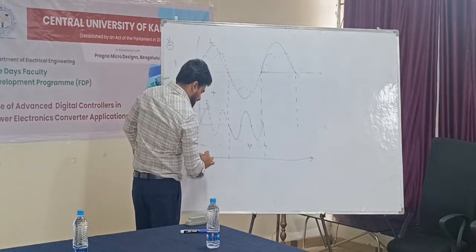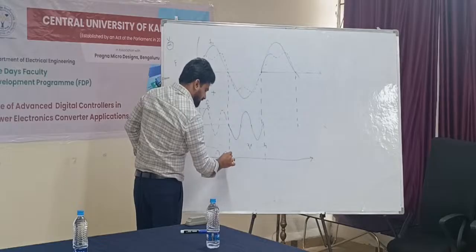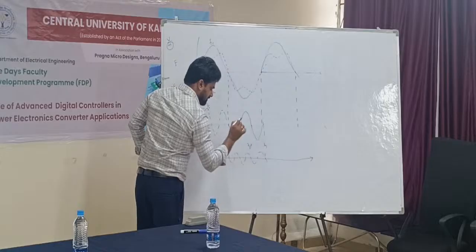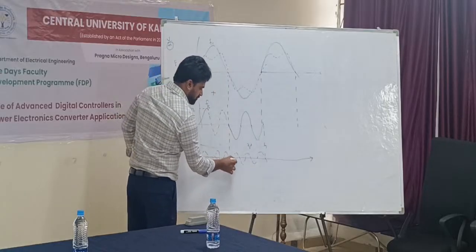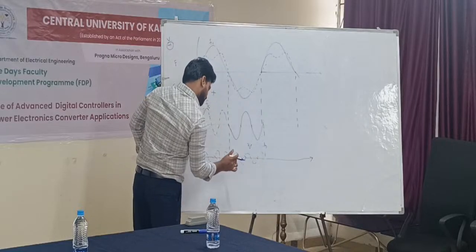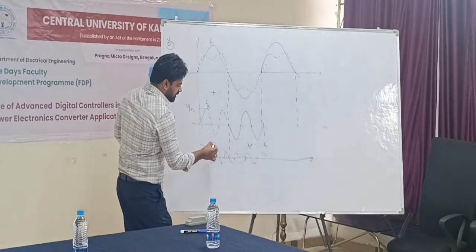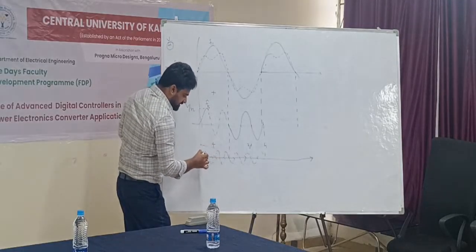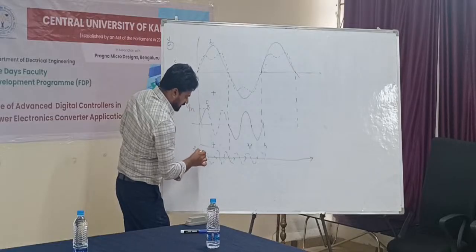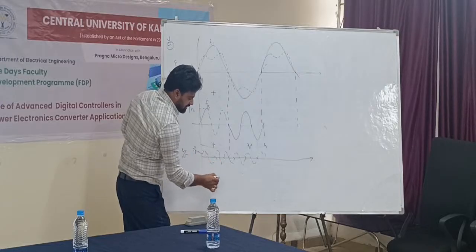So almost I think you get 10 cycles like this, 1, 2, 3, 4, 5. Now this is F5. What is the voltage? It is V by 5 and the frequency is 5f.